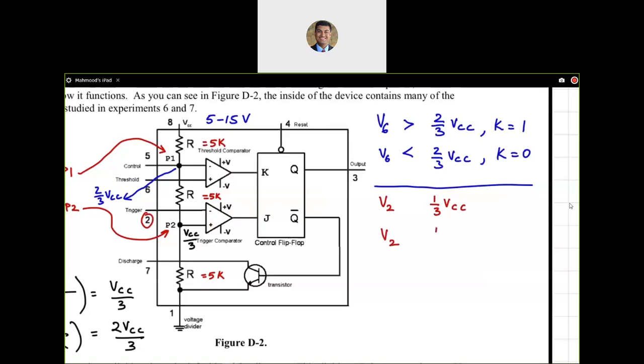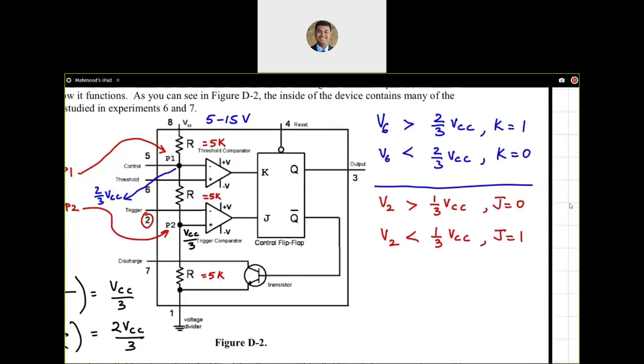It could be greater, it could be less. If the positive is greater, we would get high. If the negative is greater, you would get low. So J would be low in that case. If the negative is lower, then you would get J as 1.